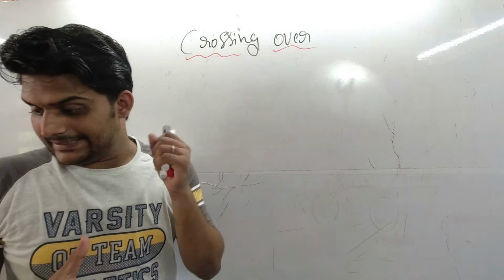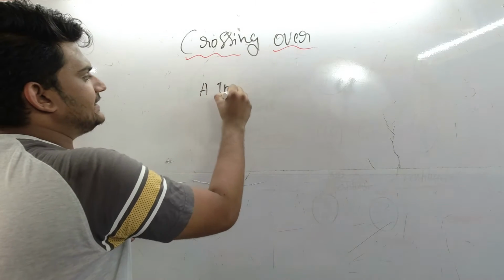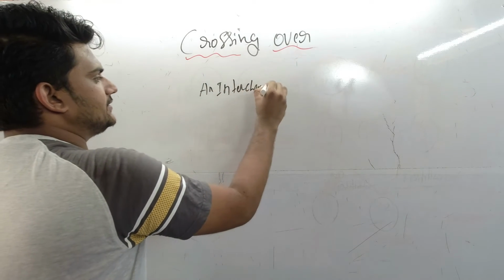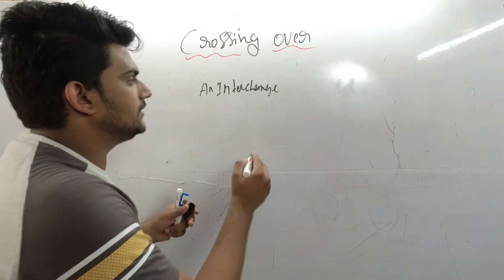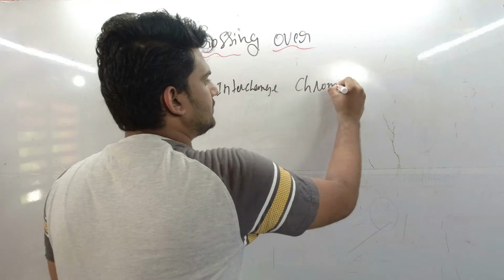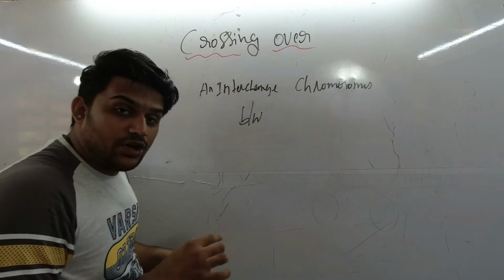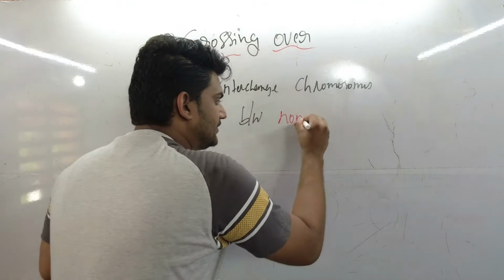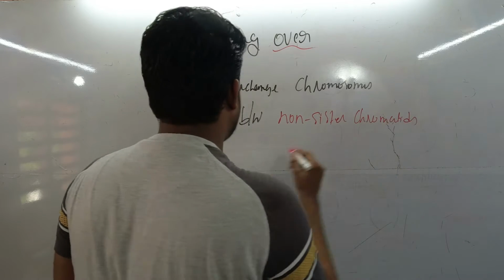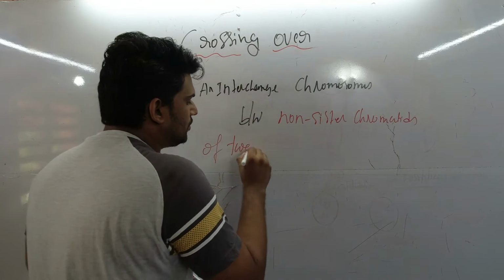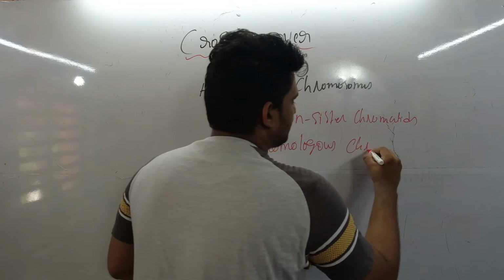Crossing over is defined as an interchange of chromosomes between non-sister chromatids of homologous chromosomes.